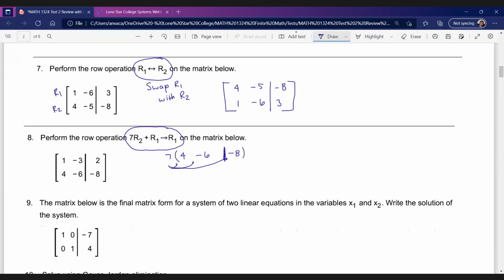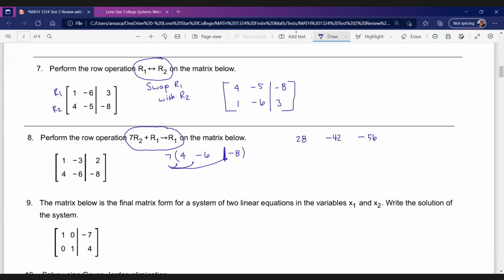So 7 times 4 is 28. 7 times negative 6 is negative 42. 7 times negative 8 is negative 56.